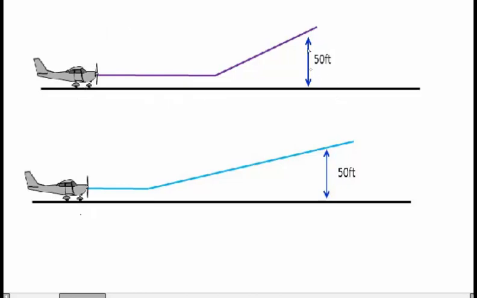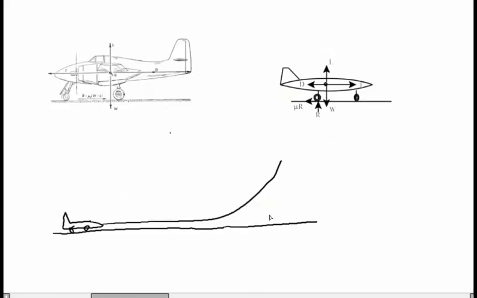Okay, this height here is the safe altitude to transfer from the takeoff state to the next climb state. It's around 50 feet, or in some references you can find 35 feet. I made this quick sketch to show you how to divide these stages into 3 stages. This line is the runway, here's the aircraft, and this is the trajectory of the flight.